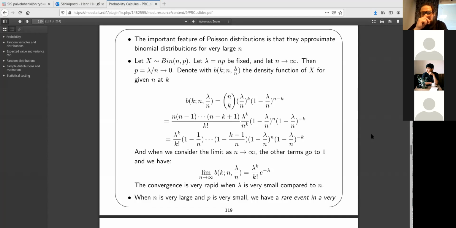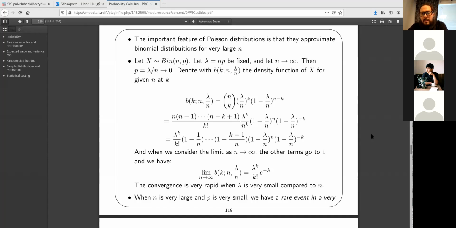We can now write out this n choose k as a factorial expression. Also, we write out lambda over n to the k as lambda to the k divided by n to the k. Then we have 1 minus lambda over n to the power of n.